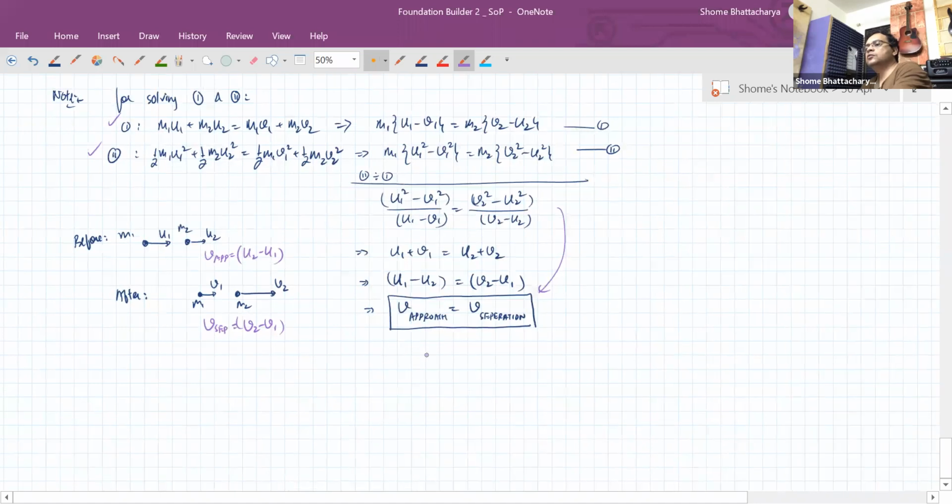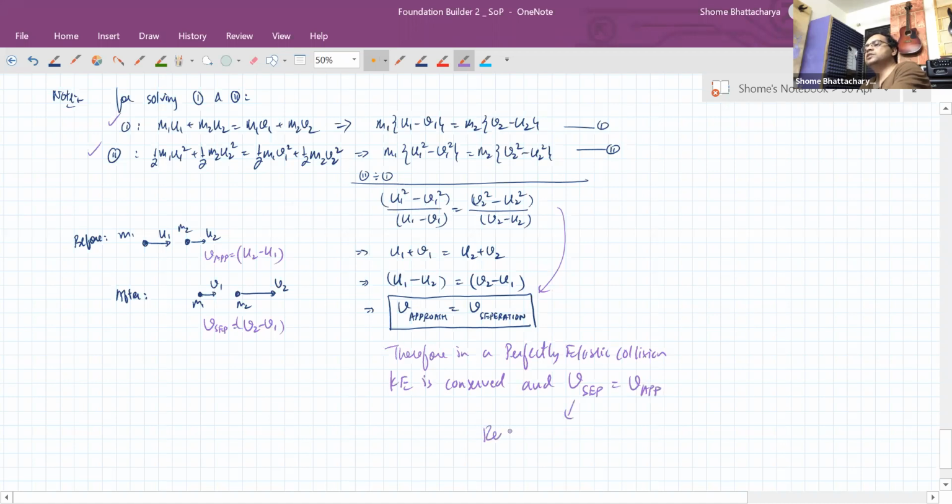So therefore, in a perfectly elastic collision, kinetic energy is conserved, but along with that, what else happens? The separation velocity is equal to the approach velocity.